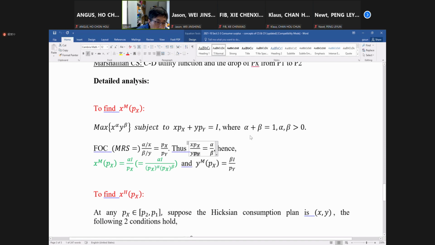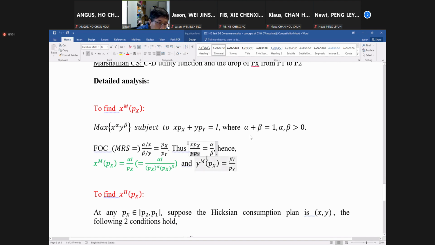Therefore, the Cobb-Douglas utility function has a wonderful, very nice property. No matter what the prices are, even if very expensive or very cheap, one thing never changes: the expenditure on X and the expenditure on Y are always proportional to alpha over beta.